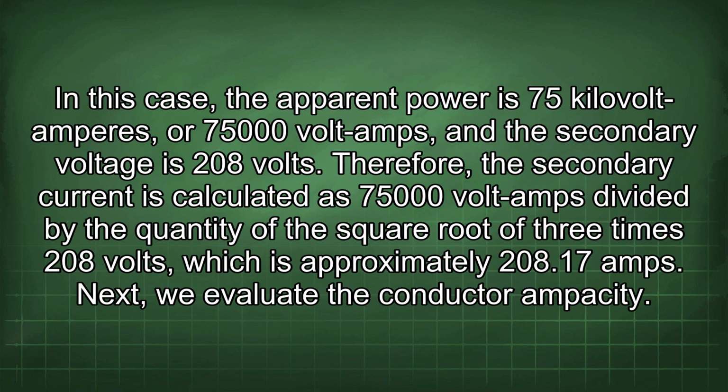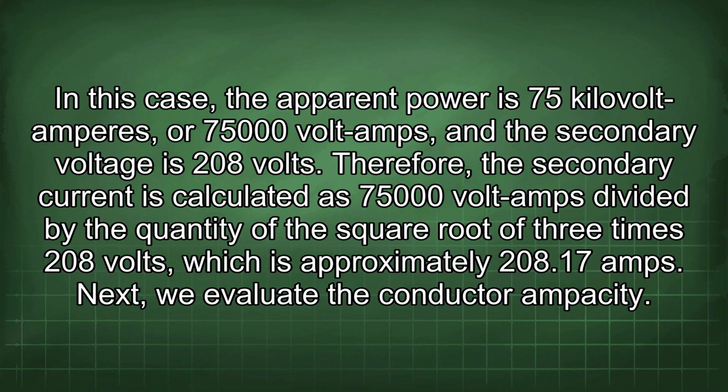In this case, the apparent power is 75 kVA, or 75,000 volt amps, and the secondary voltage is 208 volts. Therefore, the secondary current is 75,000 volt amps divided by the quantity of the square root of 3 times 208 volts, which is approximately 208.17 amps.